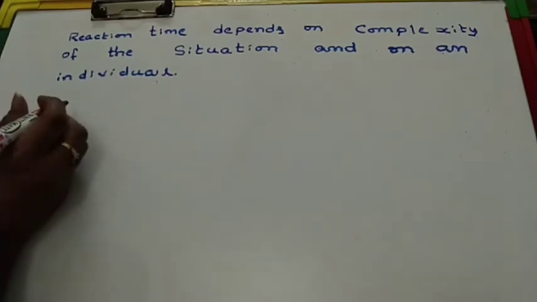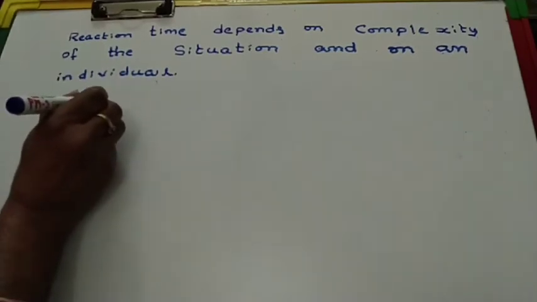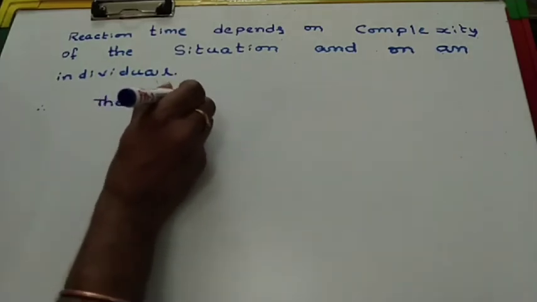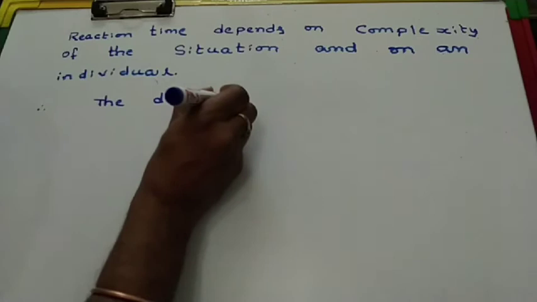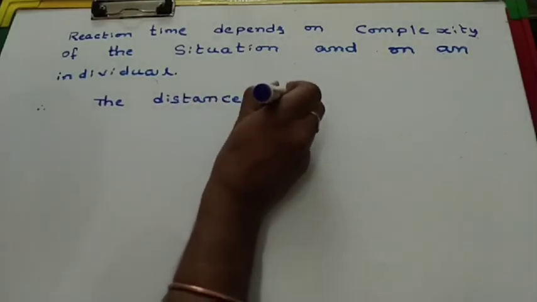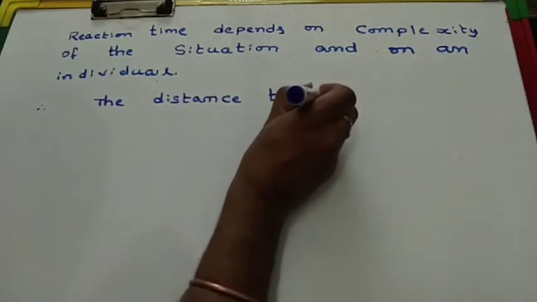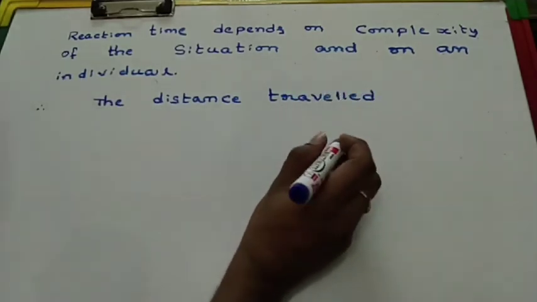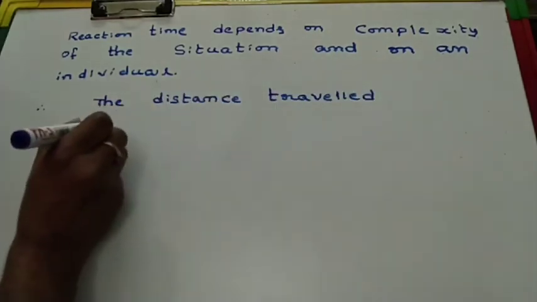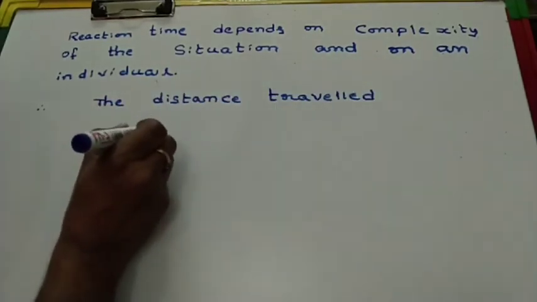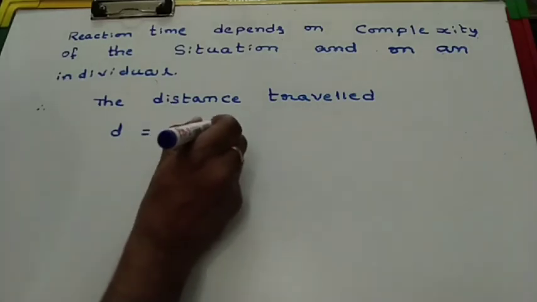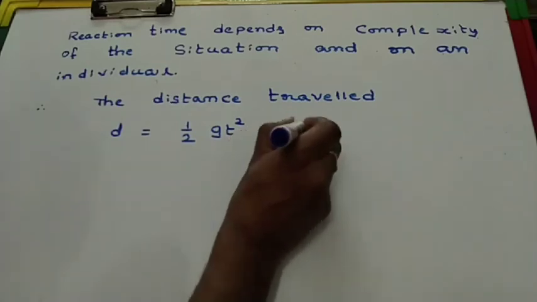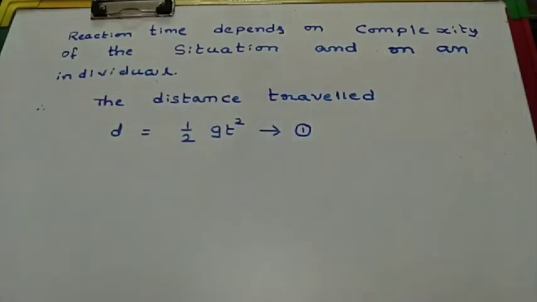Therefore, the distance traveled d is equal to 1 by 2 g t square. Consider this equation number 1.